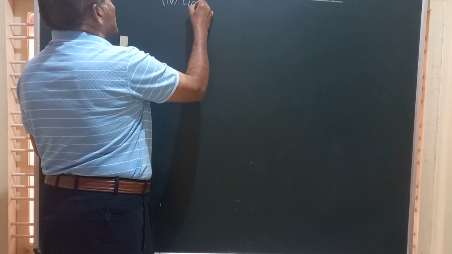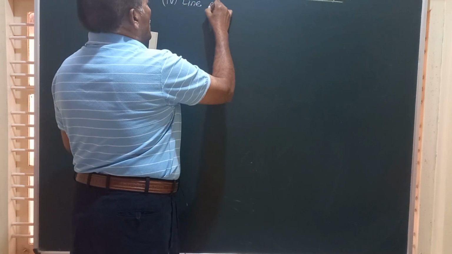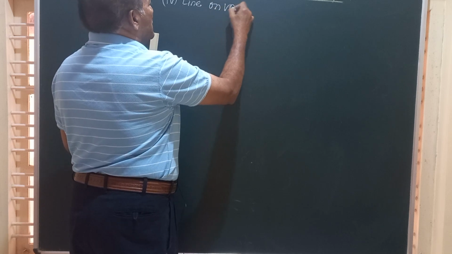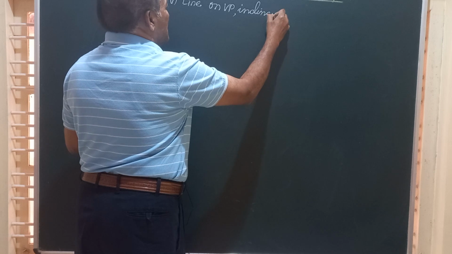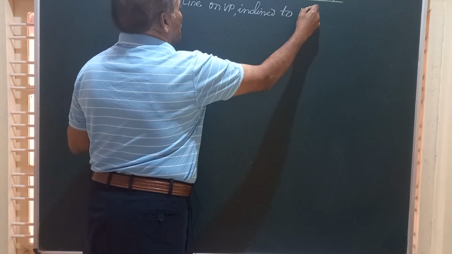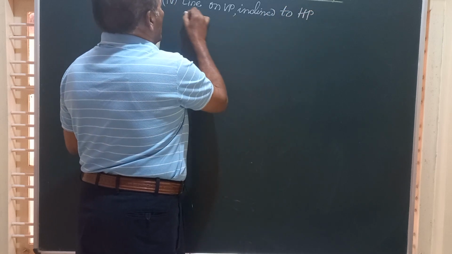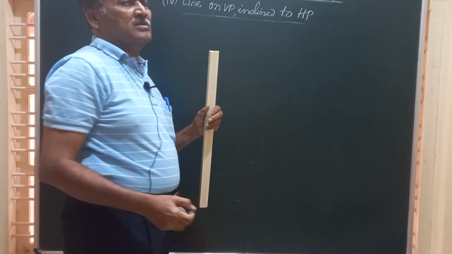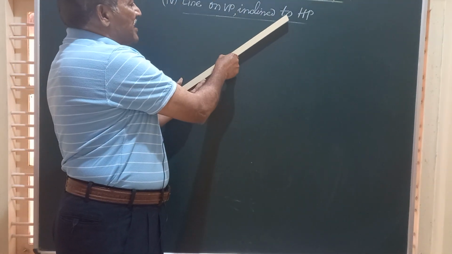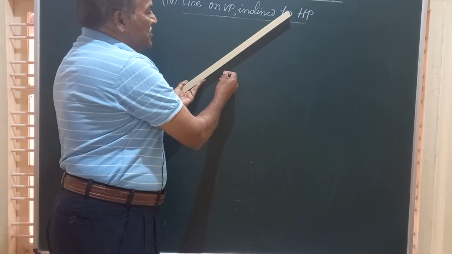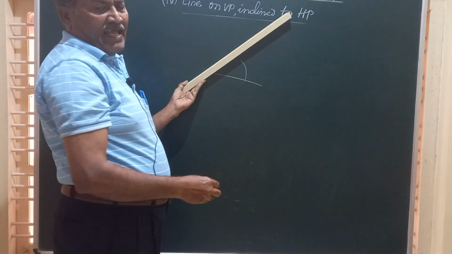Line on VP and inclined to HP. Friends, you have got a line on VP, means it is lying on the wall, and it is inclined to HP. So inclination to HP is this angle.